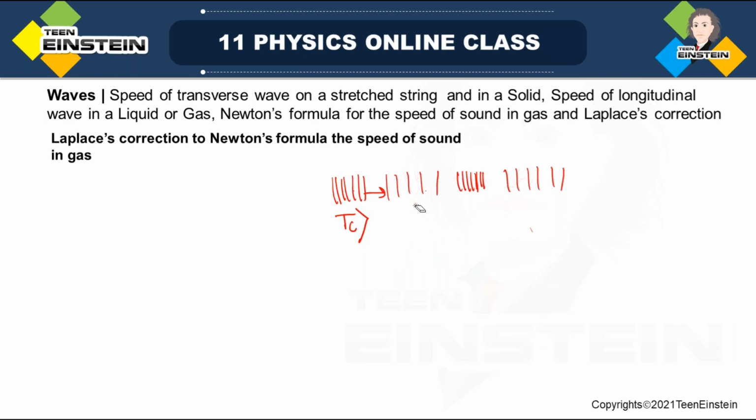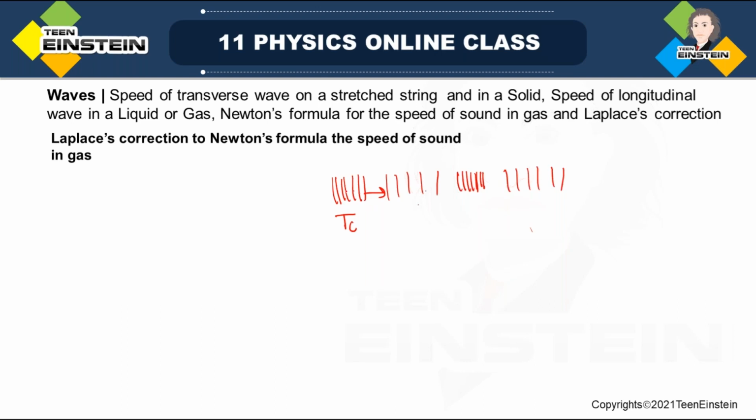But what Laplace is saying is that this compression and rarefaction is actually a very instantaneous phenomenon, it happens very quick, and any quick process cannot be ideally isothermal. There will be some changes in the temperature.